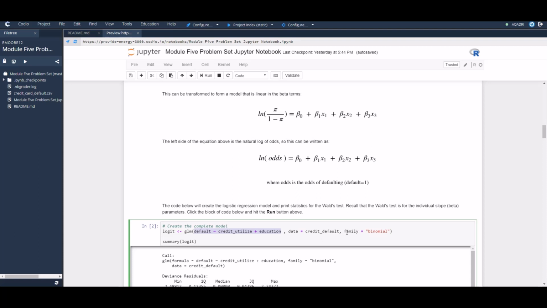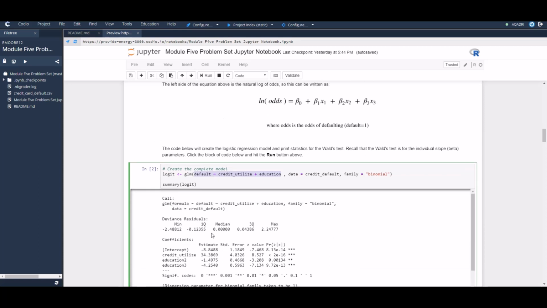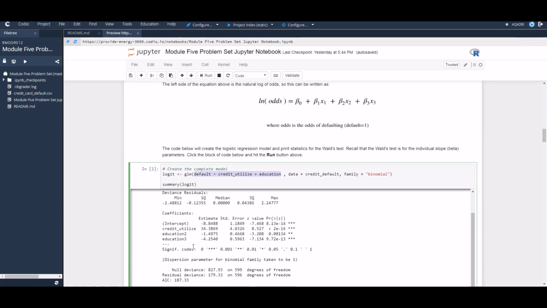Then you'll have to remember to set family equals binomial. That's using a binomial distribution. Once you run this, you get your output, and then you run summary of the output, and you get the summary output that looks very similar to what you've seen before.